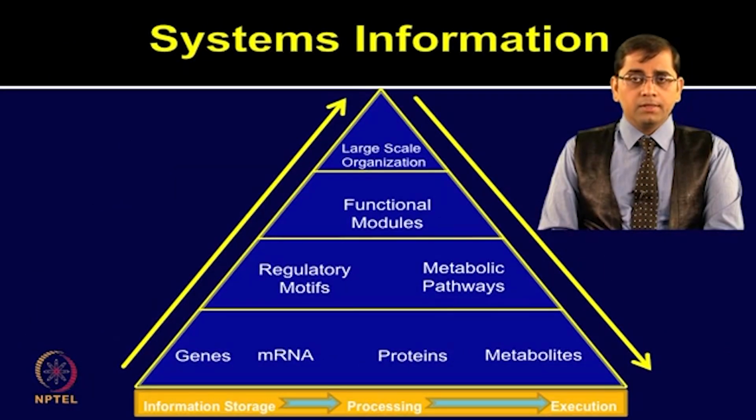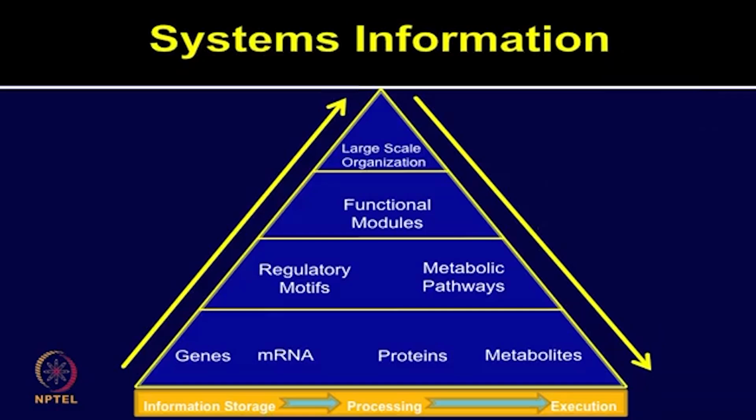First of all, the system's information is generated at various levels, as we have discussed, starting from genes to mRNA to proteins to metabolites, or even identifying regulatory motifs, metabolic pathways, functional modules and different large scale organizations. This information has to be stored and processed and further executed to identify the system level information.